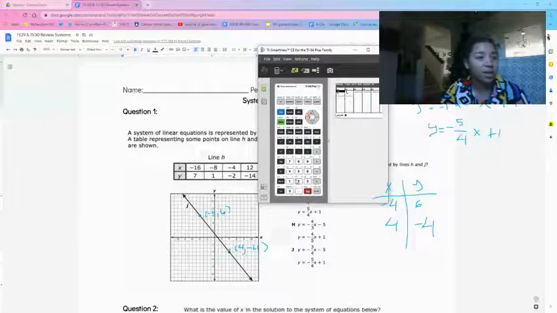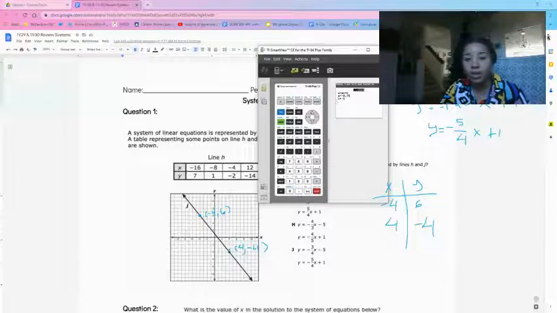X is going to be -16, enter. Then -8, enter. Then you're going to go across, go up, do 7, enter. Then 1, enter. Then do stat, calc, 4, enter, enter, enter, enter. And then there we have it.